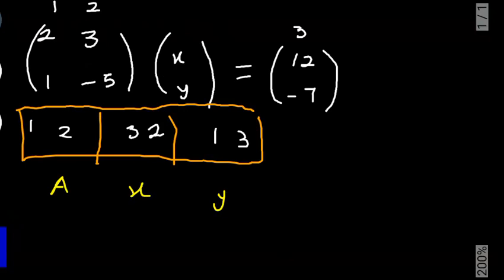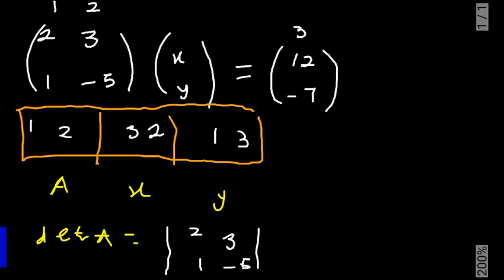So let's go on to bring out the elements. For the first determinant A, that will be columns 1 and 2: 2, 3 and 1, -5.